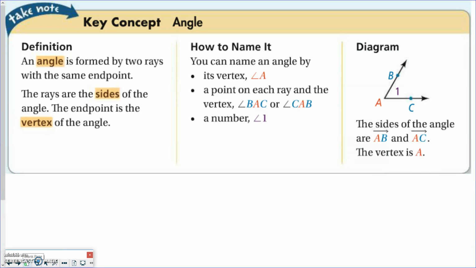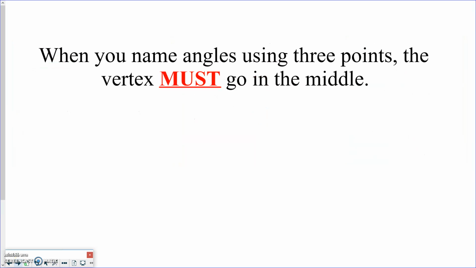We said an angle is formed by two rays with the same endpoint. The rays are the sides of the angle, and the endpoint is the vertex of the angle. When you name angles using 3 points, the vertex must go in the middle.